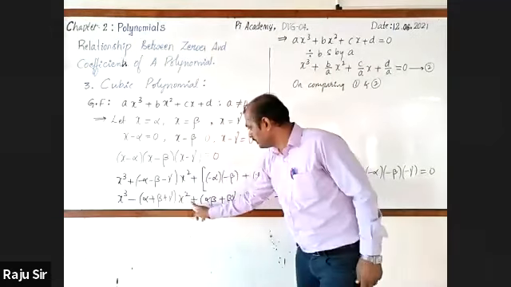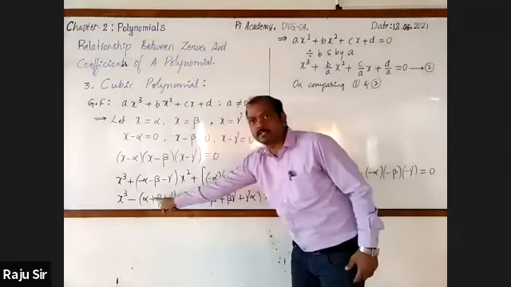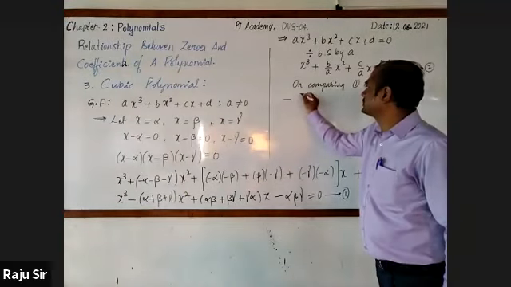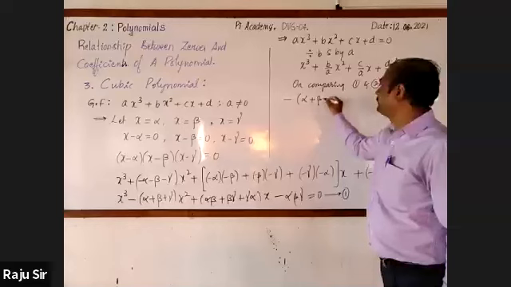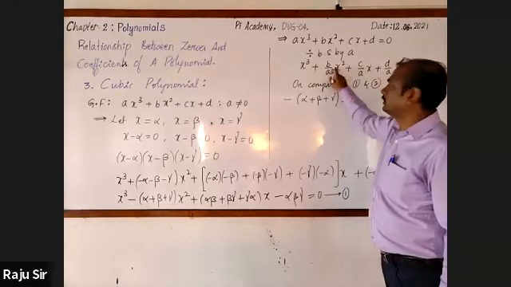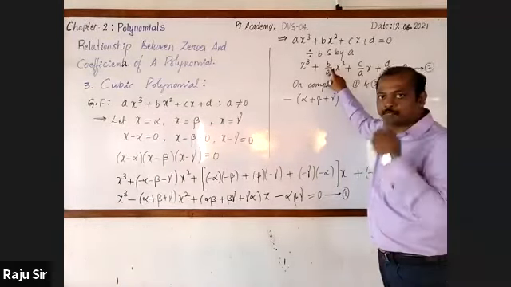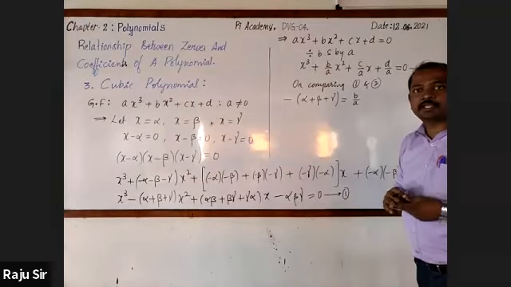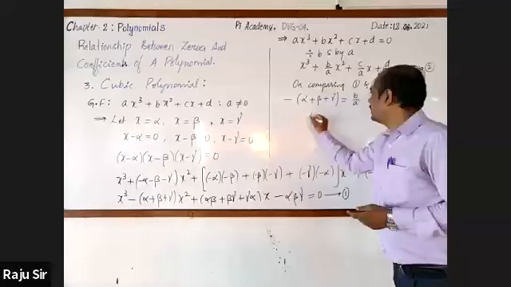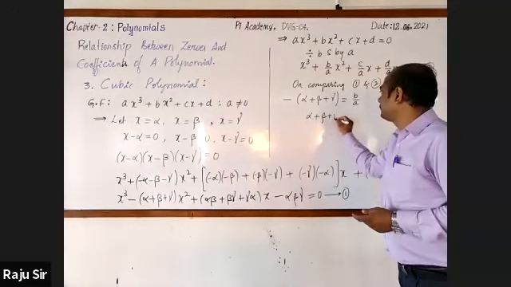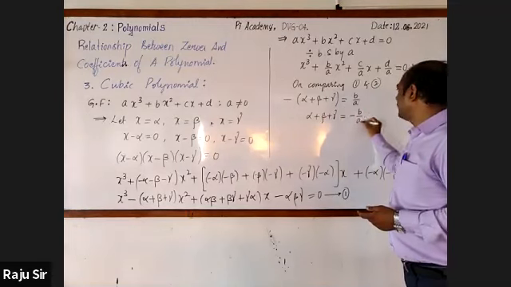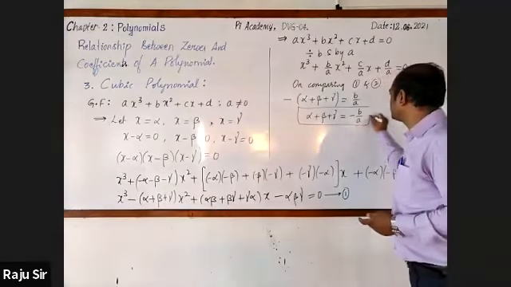Observe. Coefficient of x square is minus of alpha plus beta plus gamma. Here, coefficient of x square is b by a. And this can be written as alpha plus beta plus gamma. Minus sign is there. Here, it will be minus b by a. This is one relationship.